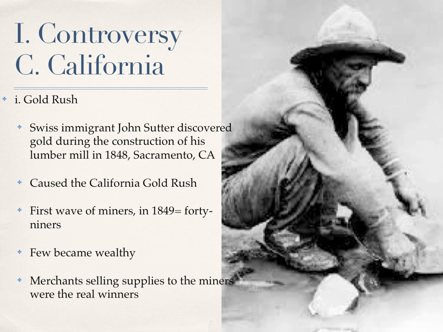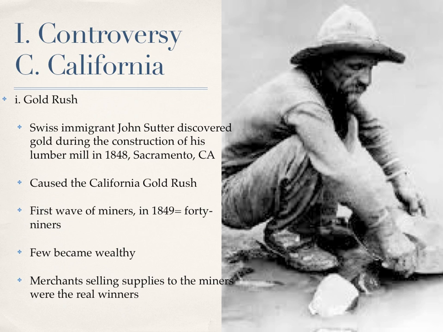Swiss immigrant John Sutter is going to find gold. Actually, it's someone that works for him who finds gold at his lumber mill in 1848. They try to keep this hush-hush, and this is in Northern California, near Sacramento. But it finally gets out, and this causes the California Gold Rush.